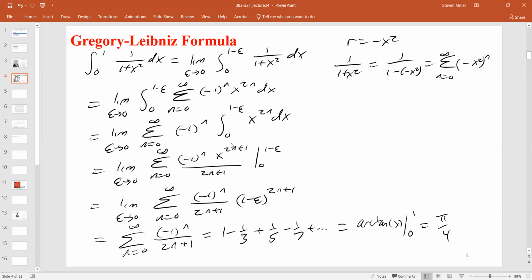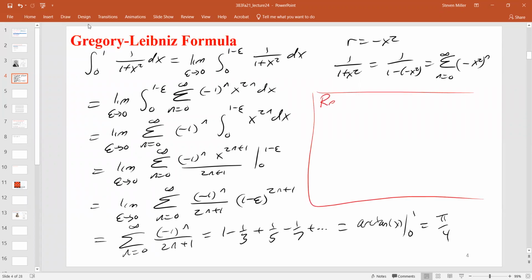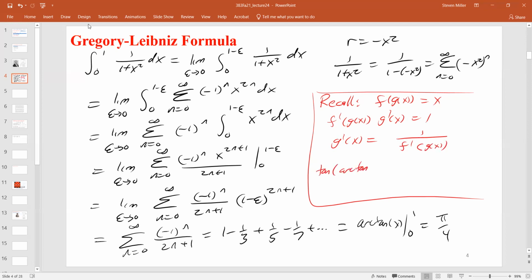You get this using the chain rule. So just recall, if f of g of x equals x, then f prime of g of x times g prime of x equals 1. So g prime of x is 1 over f prime of g of x. So if you take the tangent of arctangent of x, that's just x.